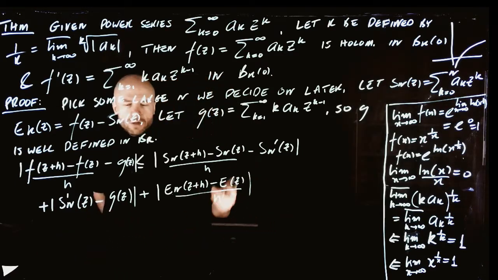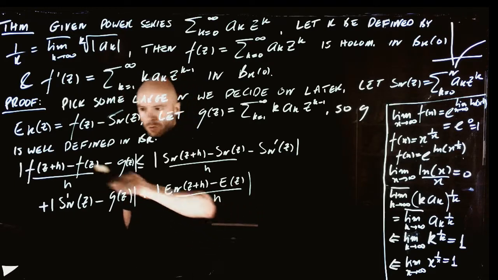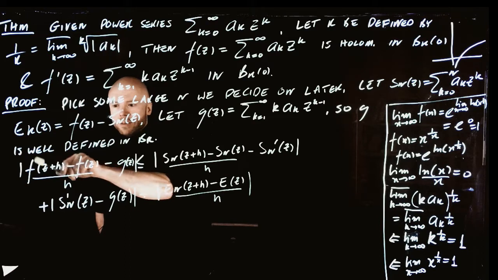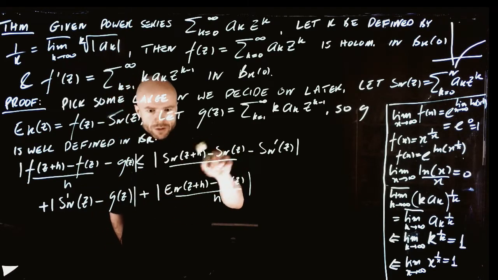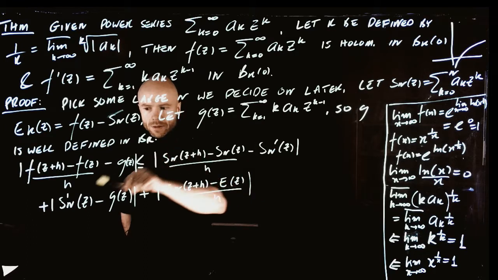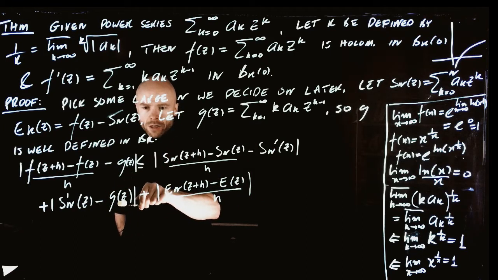Let's make sure everything works. What are we doing? We're writing f as the sum of these two things, so this entire quotient is this quotient plus this quotient. Then we put this S prime in here, have it here, and then subtract g.